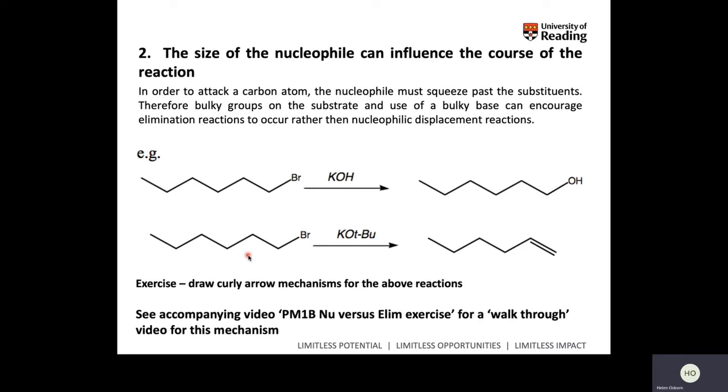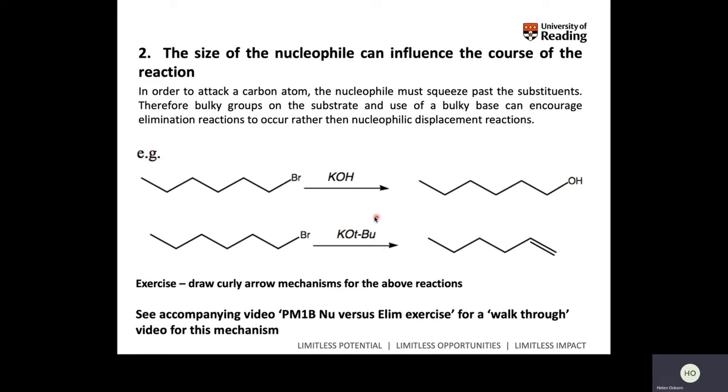There's less steric hindrance. So just to recap, if we have a small nucleophile, that should be able to access a carbon and do a substitution reaction. In this case, a nucleophilic substitution reaction, we've replaced our bromide with an OH.